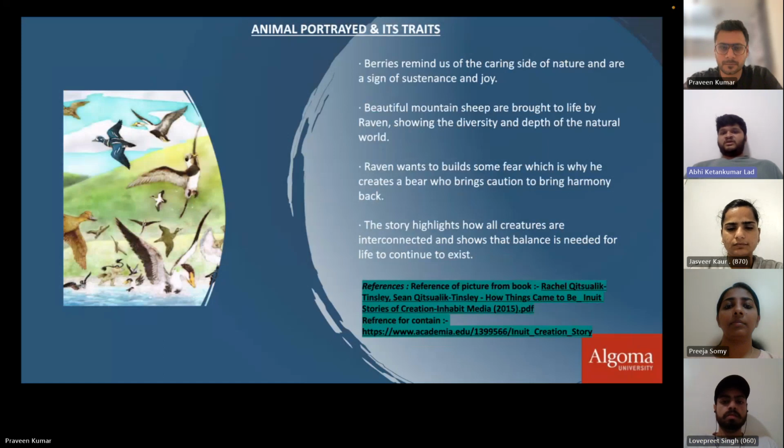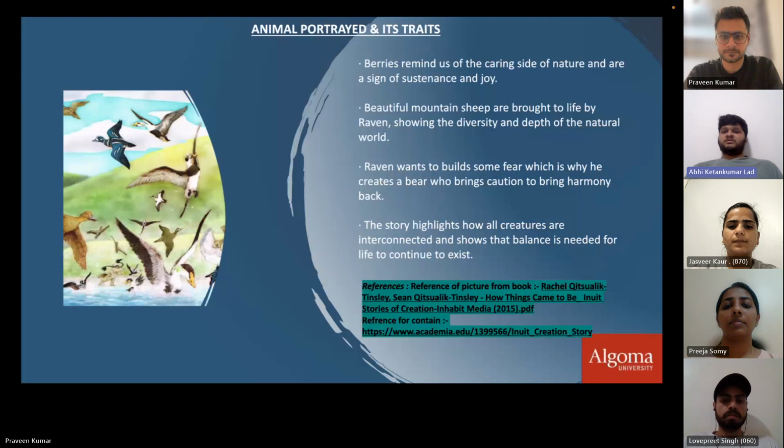In this light, how are the animals portrayed in this story and what do the trees embody? Berries remind us of the caring side of nature and are the sign of sustenance and joy. Raven wants to build some fear.